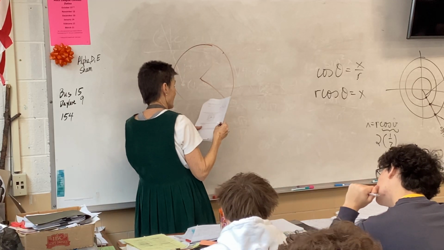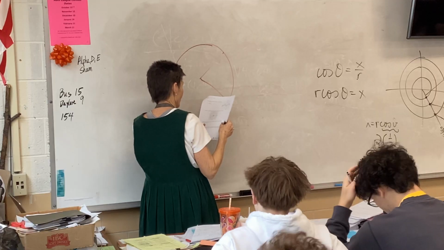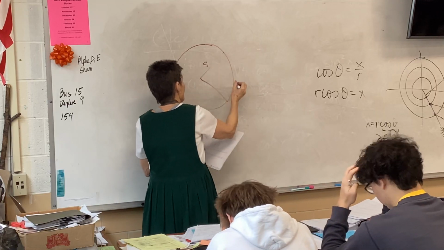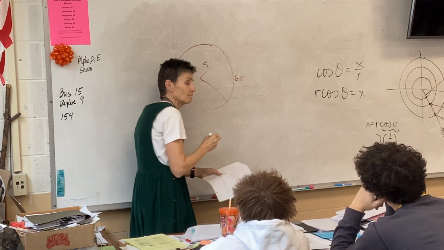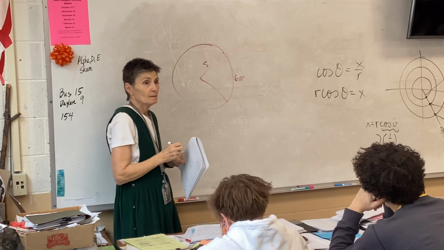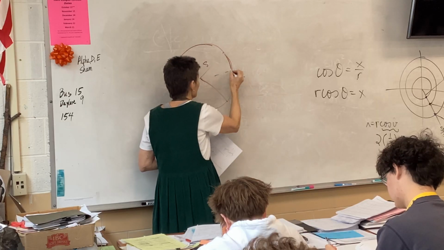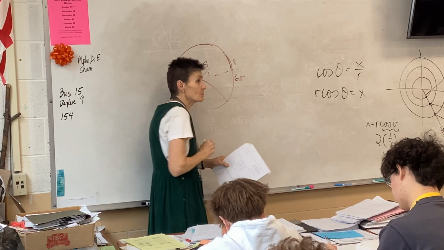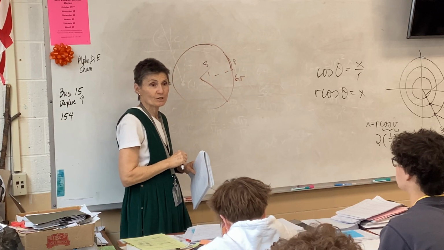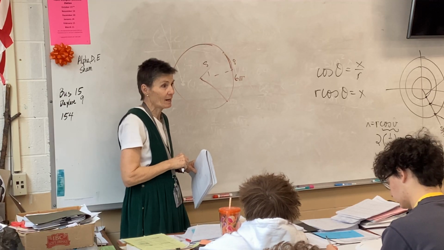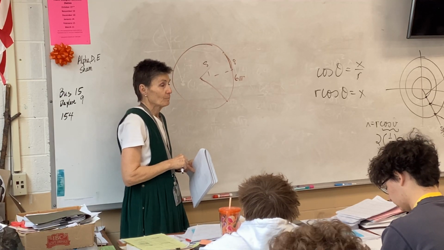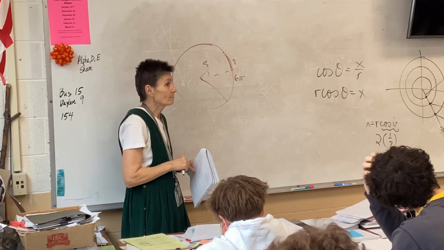Not drawing this to scale at all, but the radius is 8 and the arc is 6 pi. Every 8 here makes a radian, right? So if you want to know how many radians there are, you're just going to take 6 pi and divide it by 8. So what, 3 pi over 4?